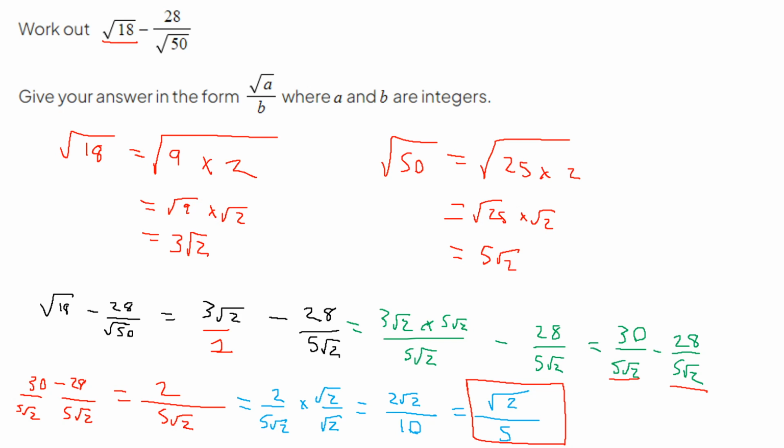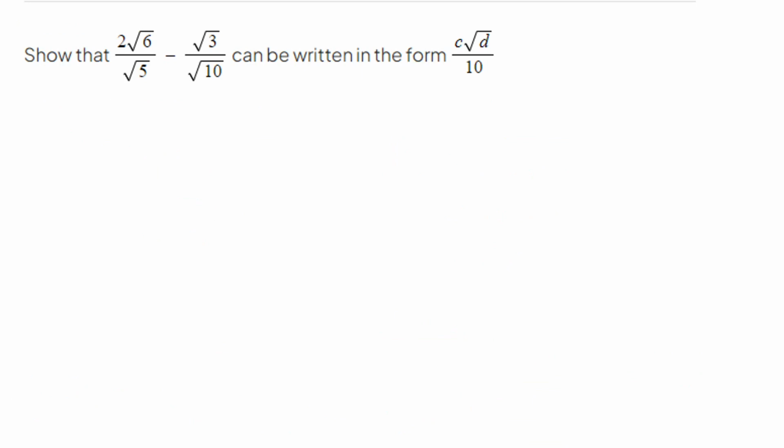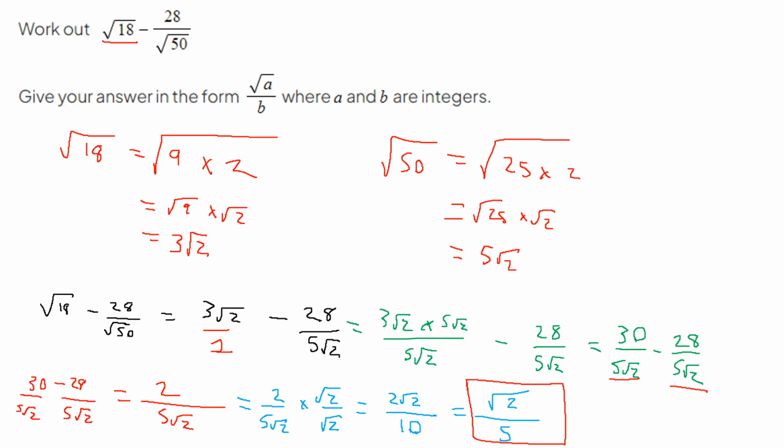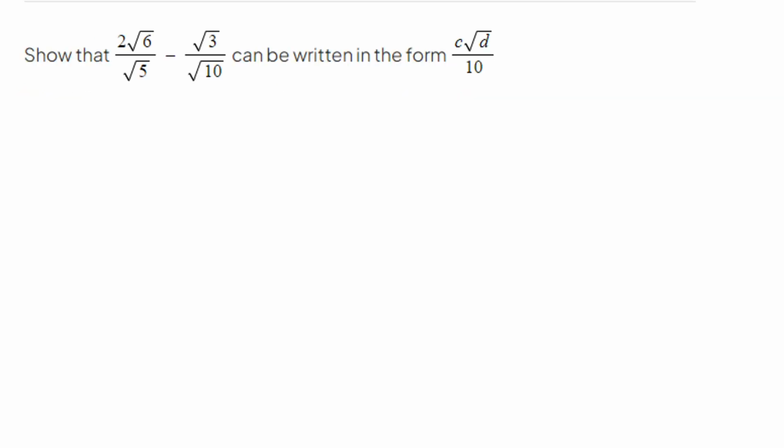Okay, what about something like this? Well, for this one, sorry, I just went back a slide. First thing we need to do is, we can either rationalize the denominators, or we can solve this as if it were a normal fraction.